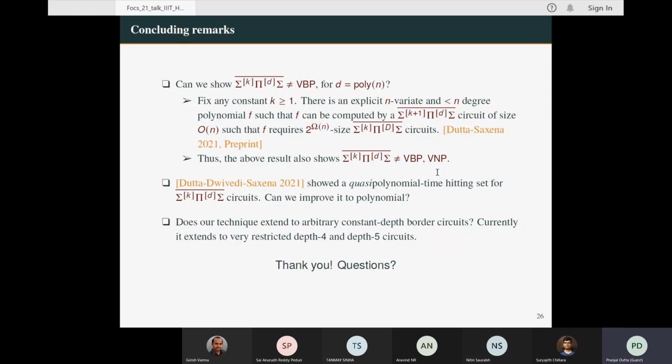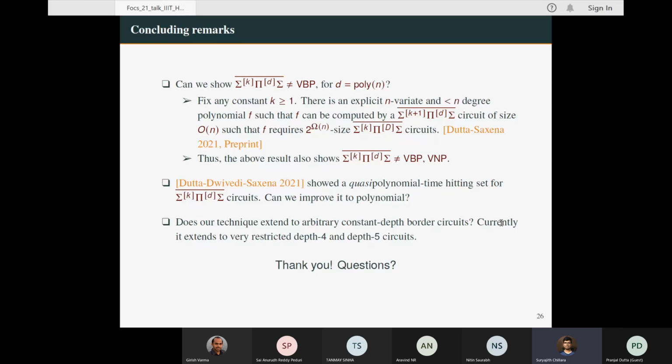You want to show that determinant cannot be computed by sigma pi sigma for constant k. You can show that it cannot be approximated within polynomial for any constant. That does not require any k to define determinant, right? So that actually goes through.